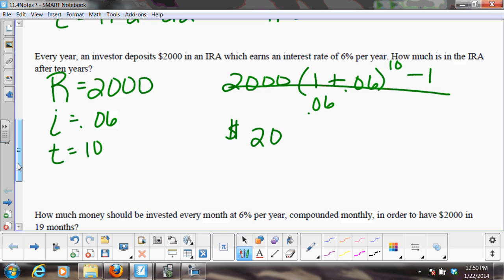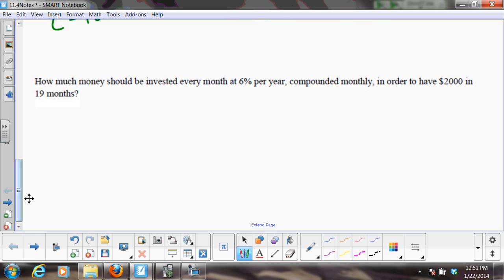This is $26,361.59. This one doesn't seem that bad because you took 2,000 and put it in 10 times. So you actually invested $20,000. You got $26,000 back. So you gained $6,000. Well, it was over a period of 10 years. I don't know how great that is.